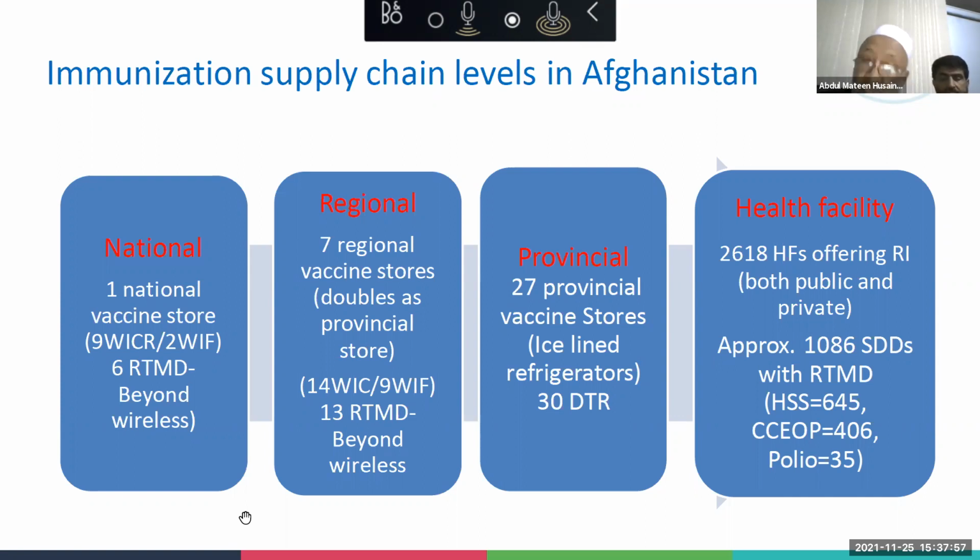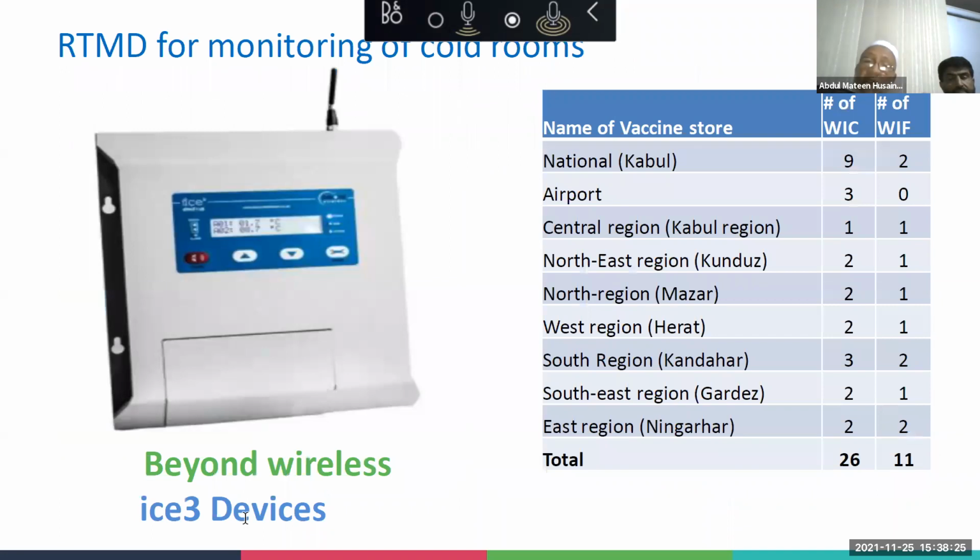These SDDs were provided by HSS, 645 from the HSS budget and 406 from CCEOP proposals, and also 35 SDDs purchased from the polio section. Now I hand over the presentation to Chidi, she is a cold chain specialist, and also to Dr. Wazir.